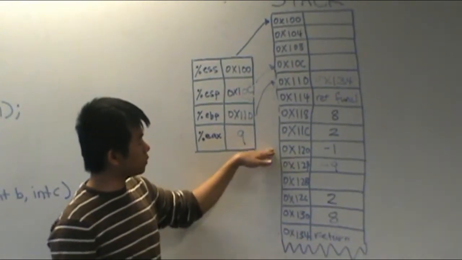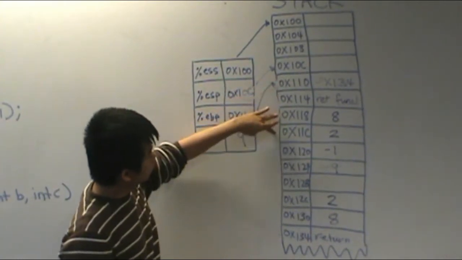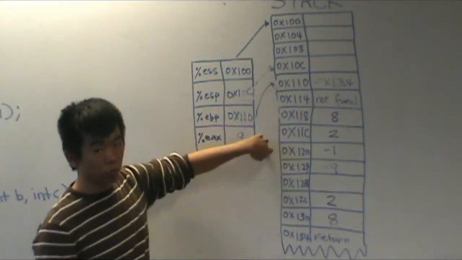So for the next value to add into C, it will be 1, 2, 3, 4. So 4 times 4 will be 16.